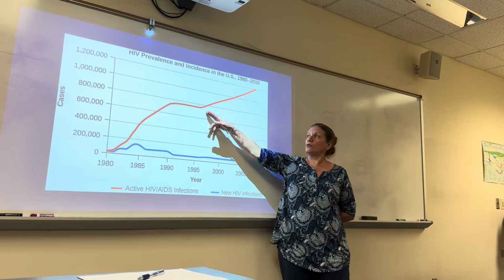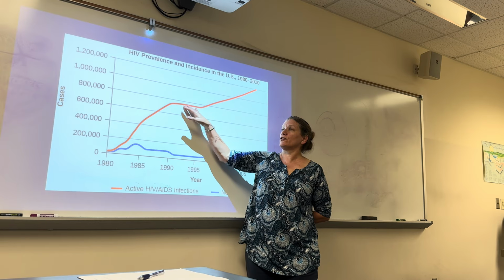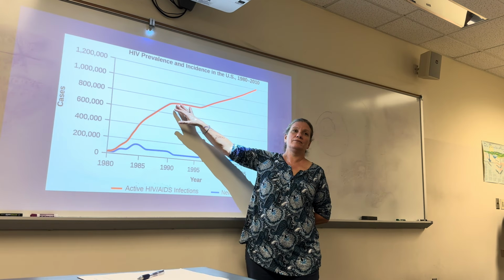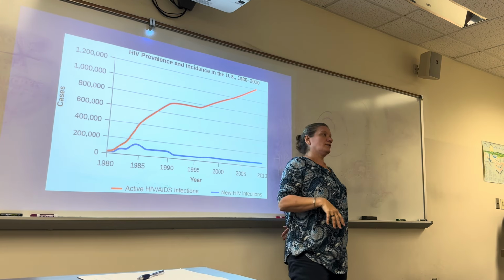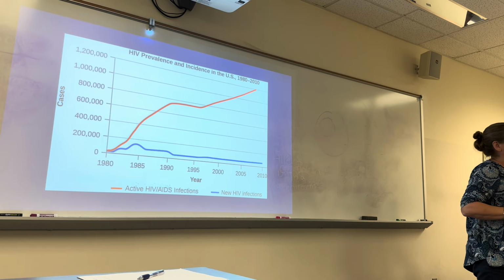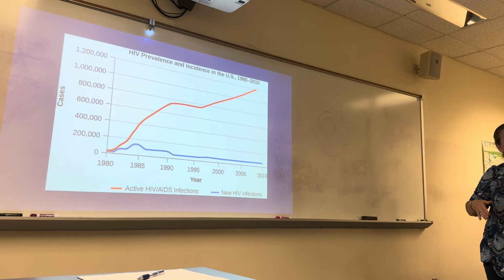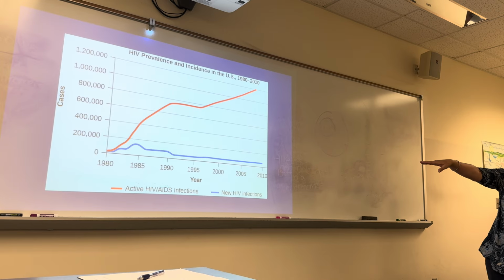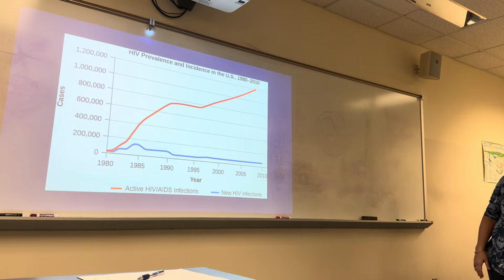Why might our totals, first of all, why might they have started stabilizing? I've seen graphs where the graph looks a little bit different, so you actually see a dip. Keeping in mind the years here, 1980 to 2010.